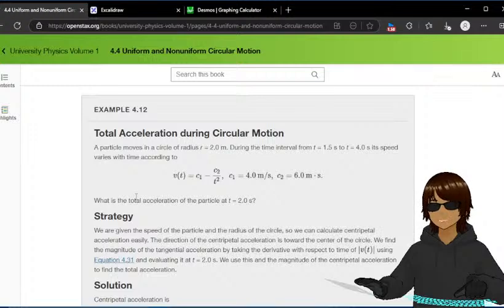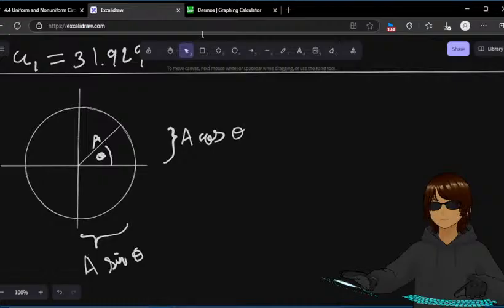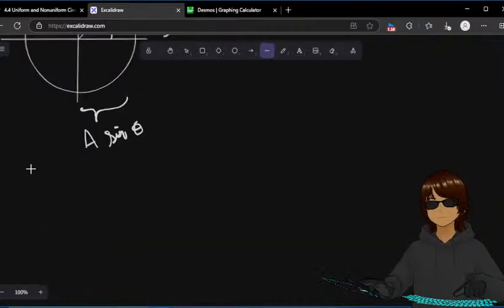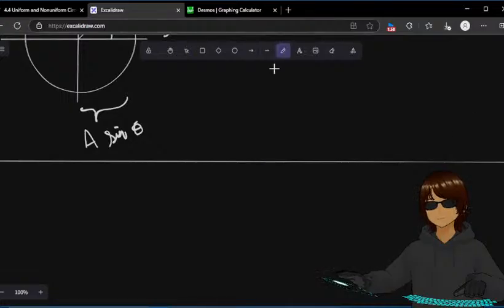But the change in velocity is, we have 4.12.